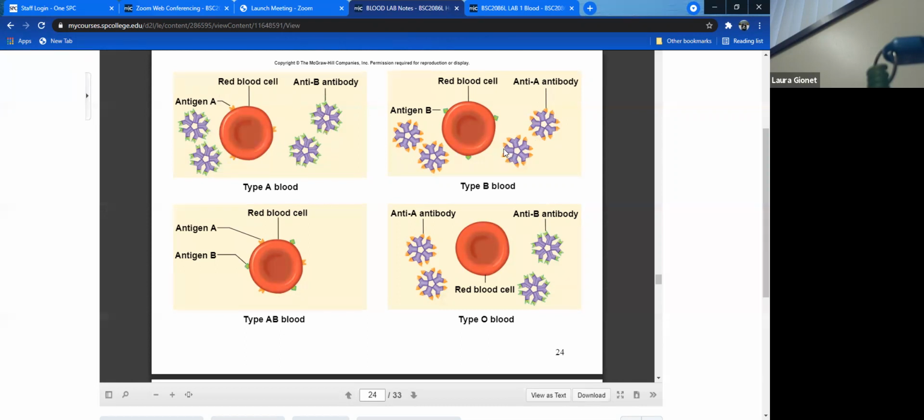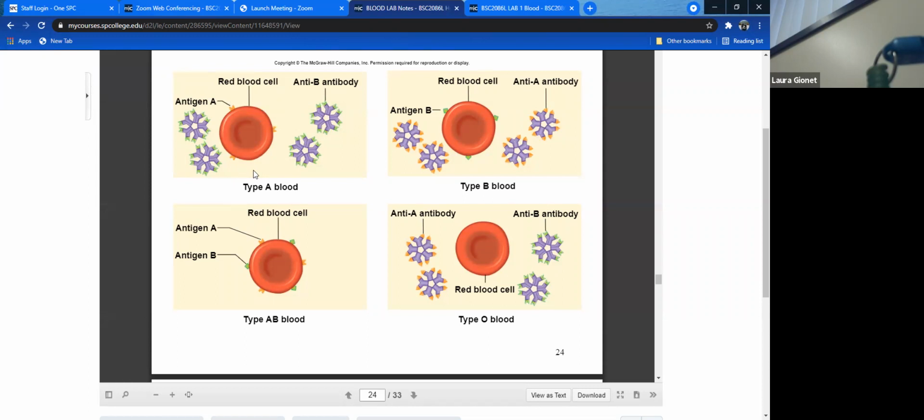If the A antigen is there, the A antibody is going to bind to it, and it's going to start that clumping process. That's what's called agglutination. So if I put A antibodies into an unknown blood sample and I start seeing clumping, at least I know I have an A antigen on the cell surface. That much it tells me.